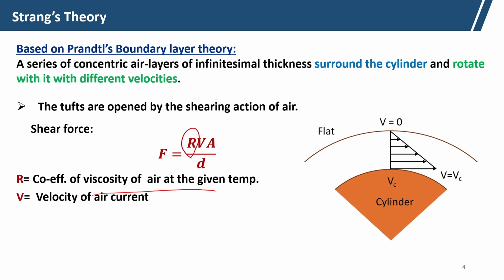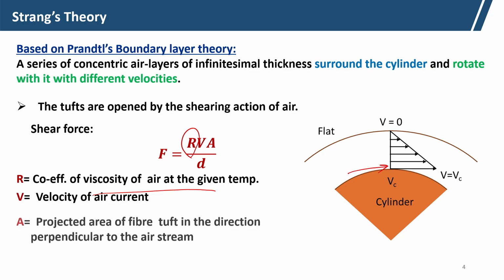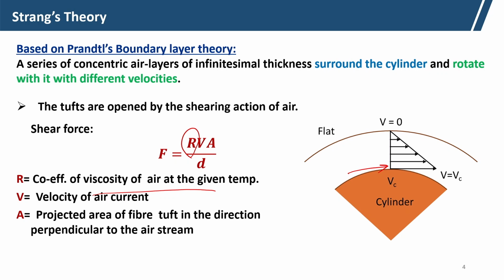V is the velocity of air current at that point, and A is the projected area of the fiber tuft in the direction perpendicular to the air stream.